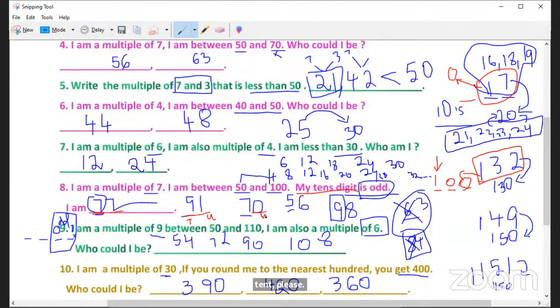Unit place and tens place. Unit place, tens place. So the tens place should be the odd number. Are you clear with that?